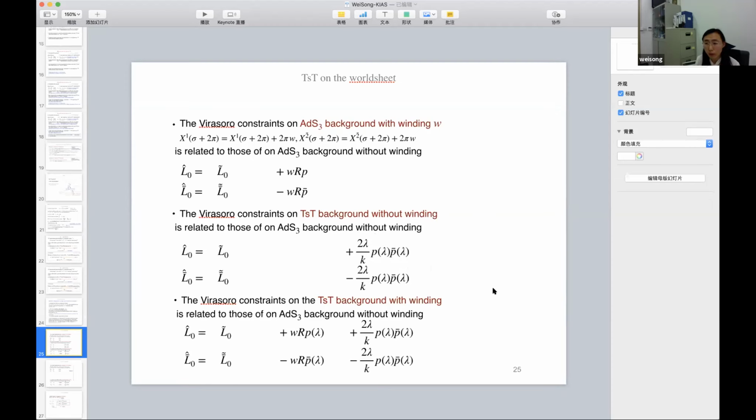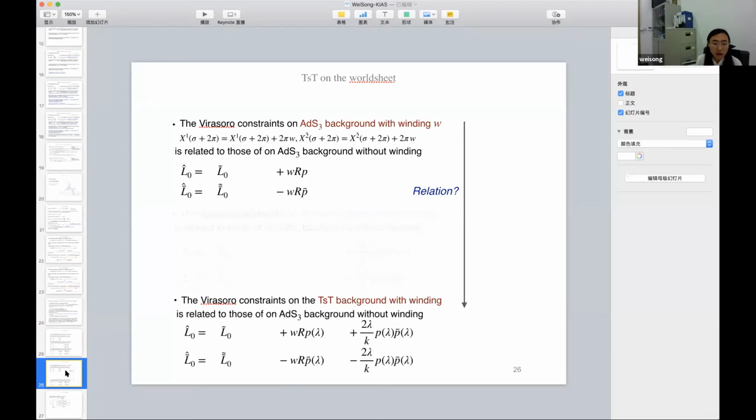We can do both winding and this TST twisting. So in the end, this Virasoro constraint on the TST background with winding can be related to the Virasoro constraint on AdS3 background without the winding in such a way.